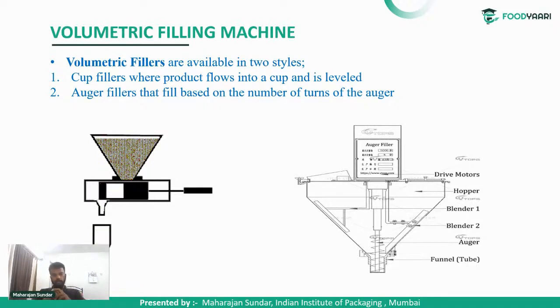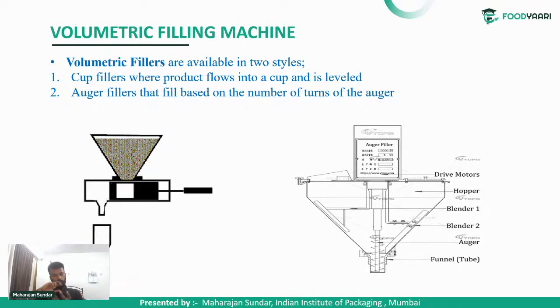The rotation of the auger is determined by the motor which is fixed above. It is not continuously rotating, so that the product inside the hopper will be dispersed to the funnel, and thereby to the cup below.